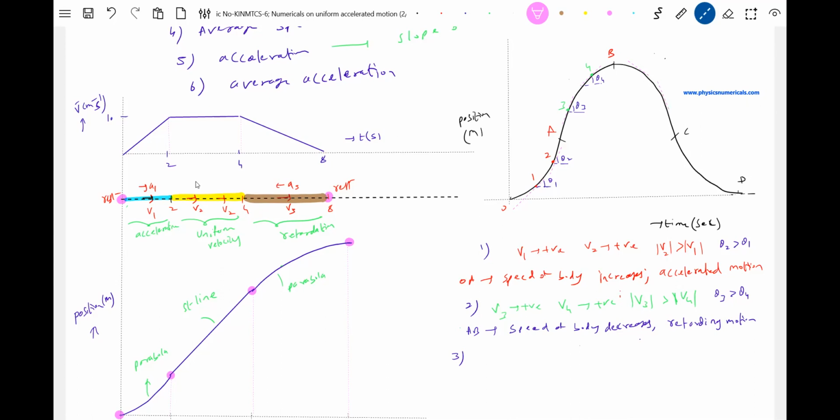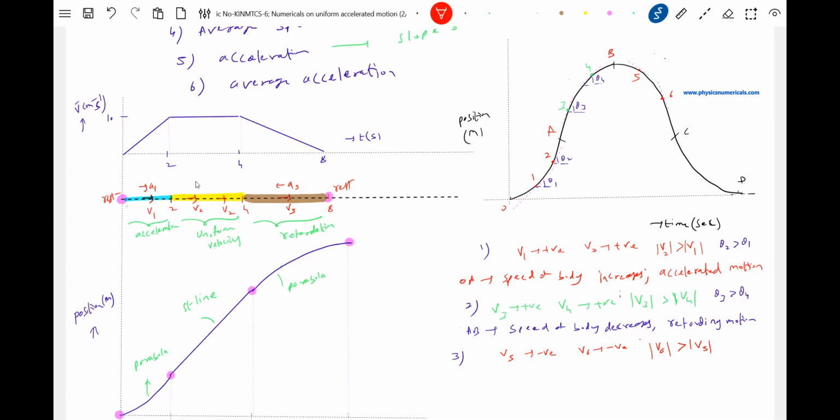These are the points 5 and 6. Slope is negative, so velocity will be directed towards left. So here V5 is negative, V6 is negative, but the magnitude of slope at 6 is more than that at 5.